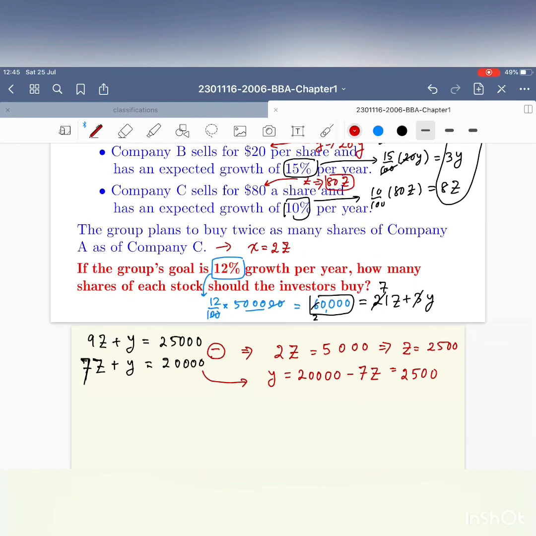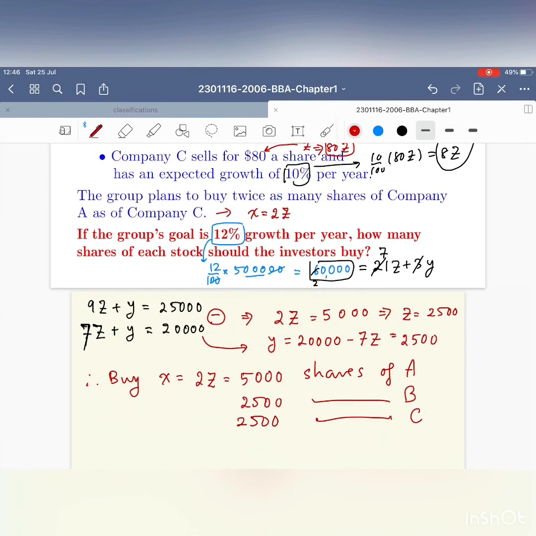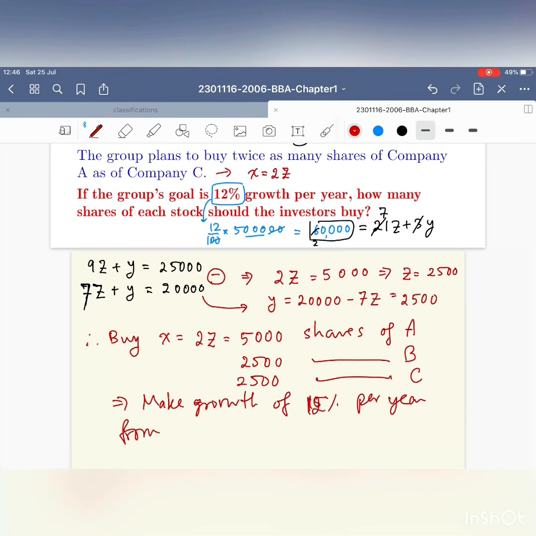So it means that you are going to buy X equals 2Z, which is 5,000 shares of A, and 2,500 shares of B, and another 2,500 shares of C, in order to make the growth of 12% per year from the investment of 500,000. Okay, 500,000.